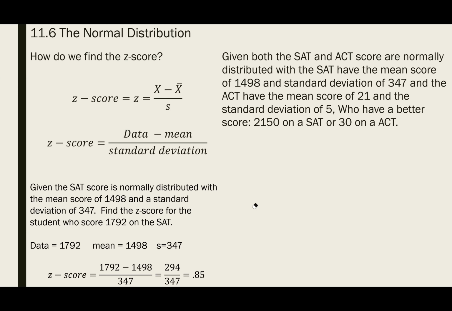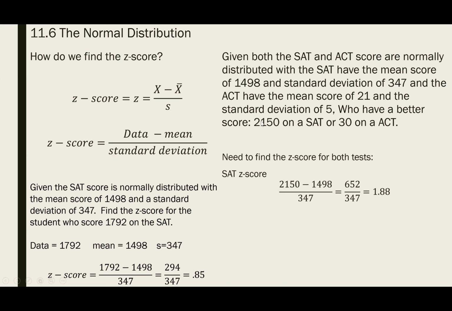To know which student has a better score, the first thing you need to do is convert the z-score for the ACT student, and convert the z-score for the SAT student. Let's take a look at the SAT first. We know that the data for the SAT is 2150.